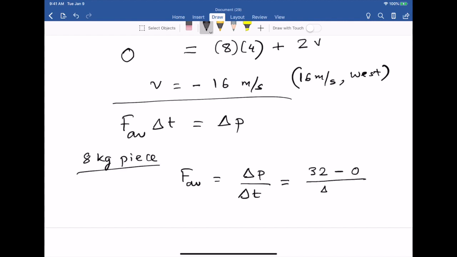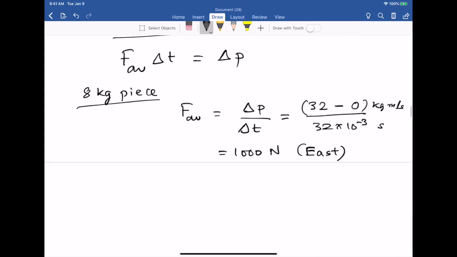So that's 32 milliseconds. So this is kg meters per second, and this is seconds. And so this comes to 1000 kg meters per second squared, which is 1000 newtons, right? And the plus sign is telling us that the force points to the east.